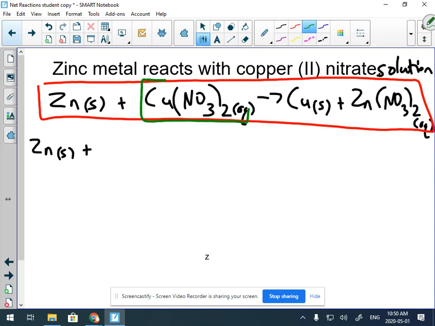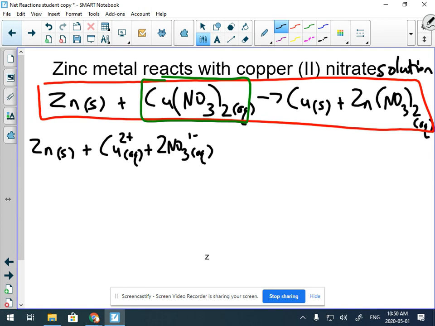This compound we have to show in the total ionic compound as all of the ions separated because they actually do. Aqueous substances, we talked about this, they dissociate. So this is going to dissociate into a copper ion and 2 nitrate ions.